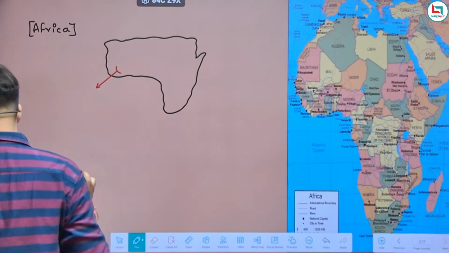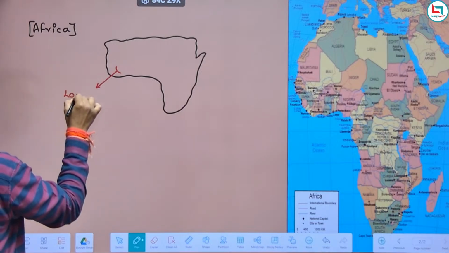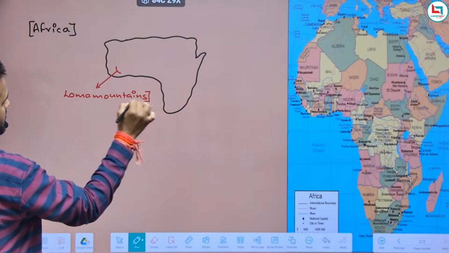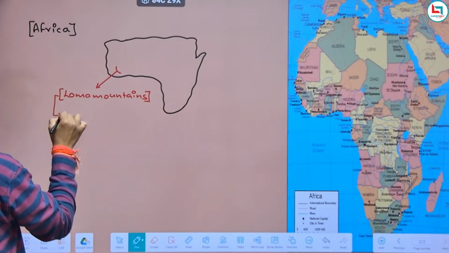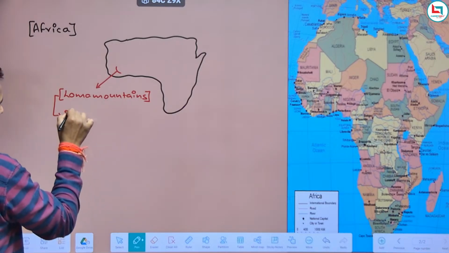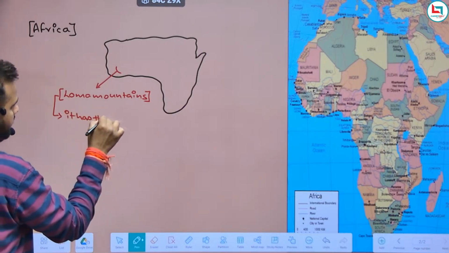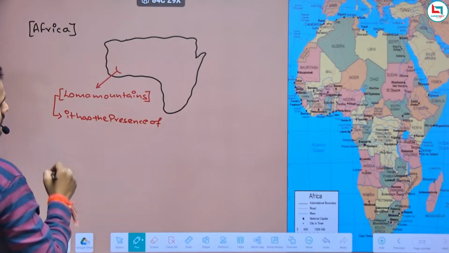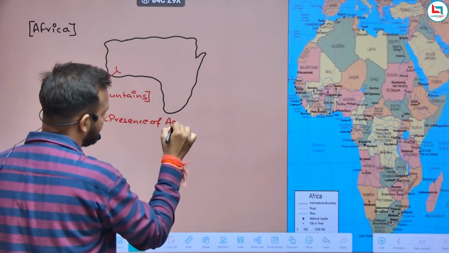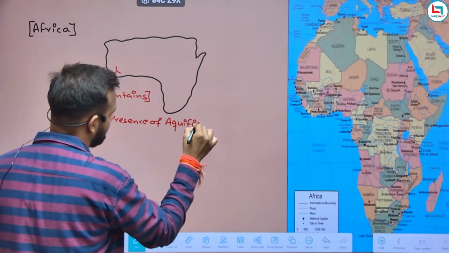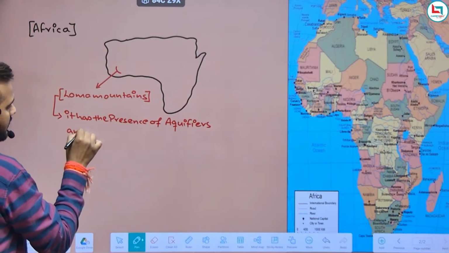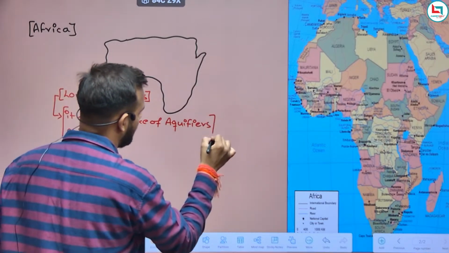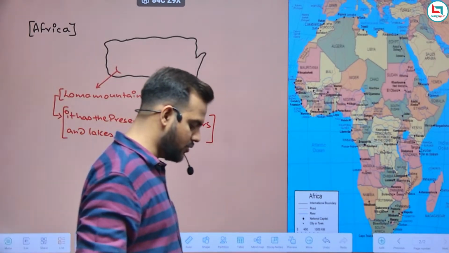They have the presence of aquifers and lakes.